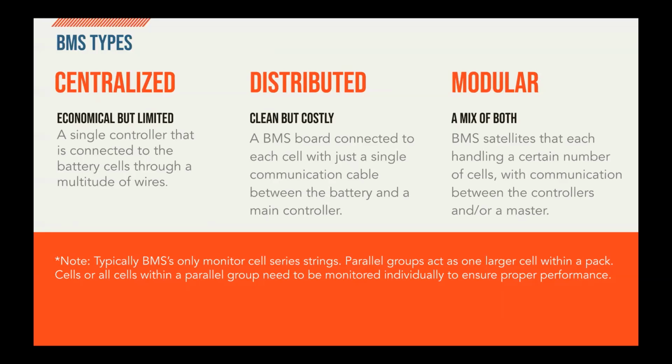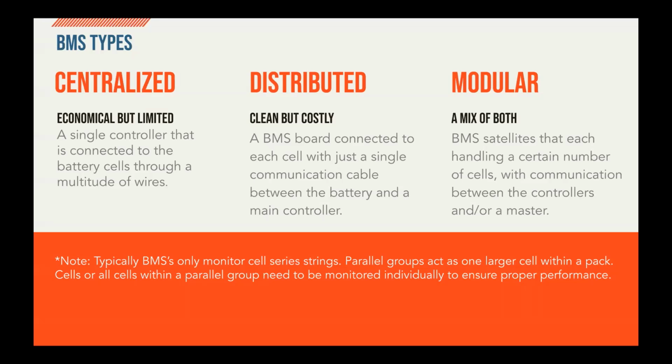And so if you can imagine, in a 400 volt system, which is about 352 nominal volts for a 3.7 volt cell, there's about 96 series strings. So there'd be 96 BMS boards connected to each cell or series string that would communicate to a main controller.